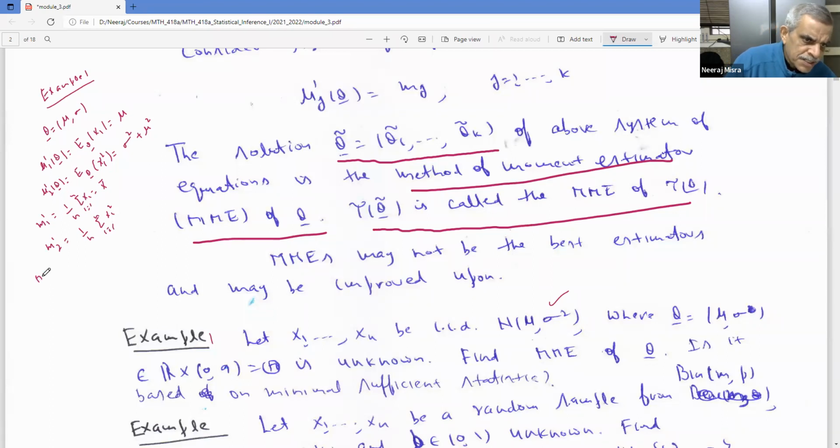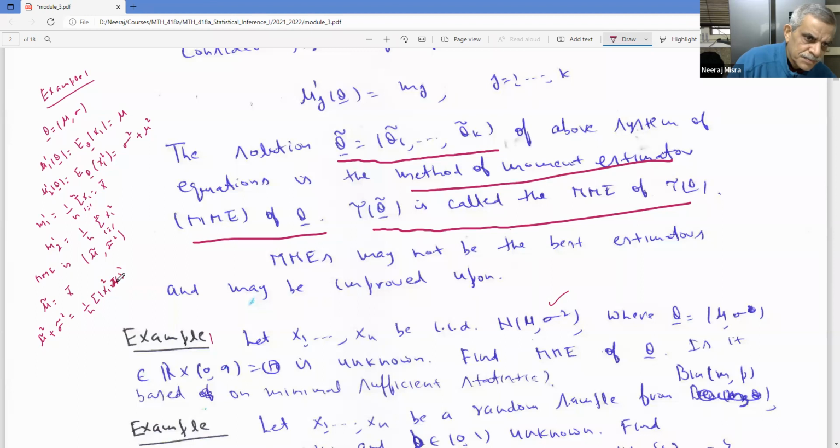So the method of moments estimators are mu tilde and sigma tilde square. And how do you get them? You put mu tilde, the first, as x bar, and the second moment is mu tilde square plus sigma tilde square equals 1 upon n summation i equal to 1 to n, xi square.